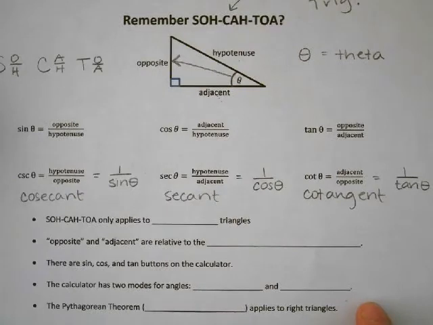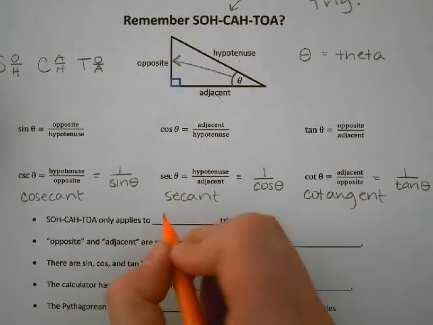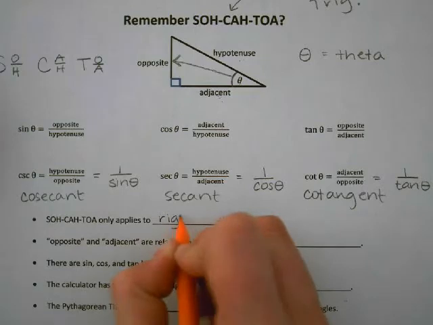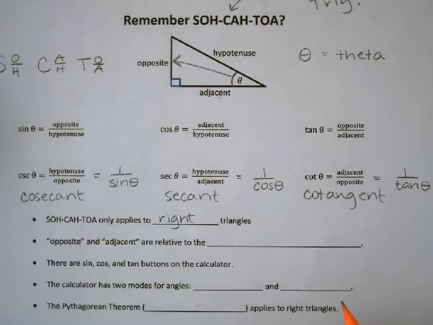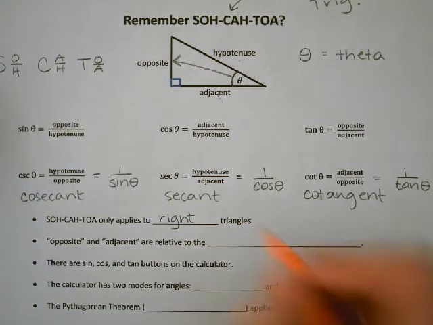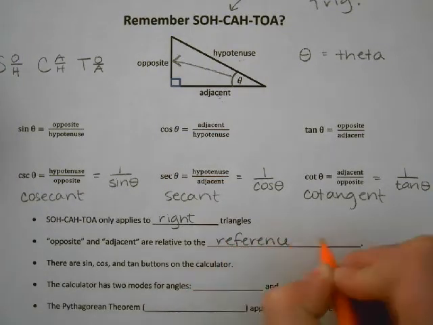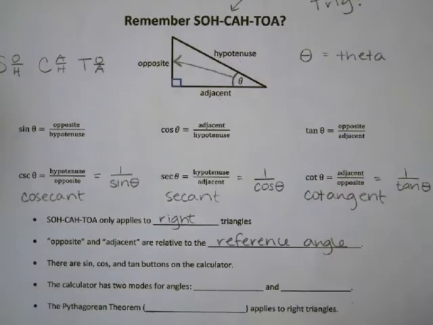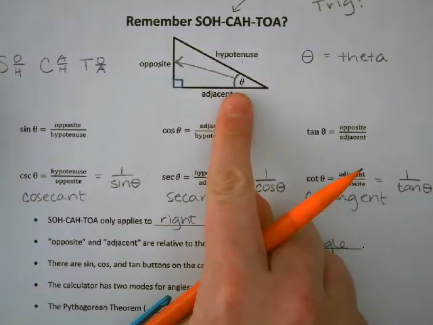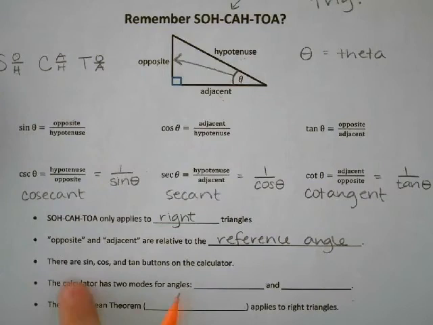All right, so like I said, SOHCAHTOA only applies to right triangles. Opposite and adjacent are relative to the reference angle. So that's the angle that is drawn in or mentioned in there. There are sine, cosine, and tangent buttons on your calculator.